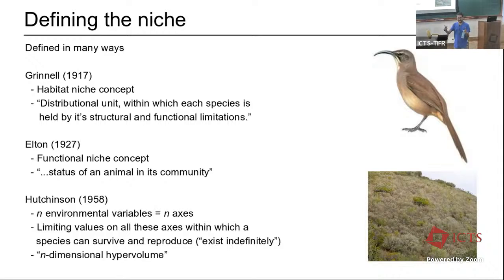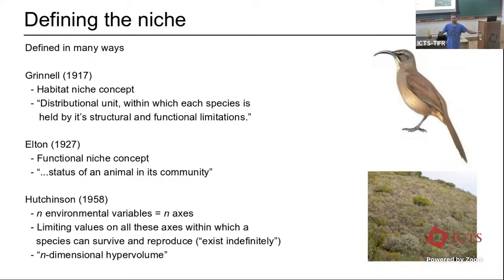There are limits on any axis. An organism can't stay in areas that are colder than this, and can't stay in areas that are hotter than this. It needs to be within this temperature limit. Beyond those limits, it's definitely 1-0, right?